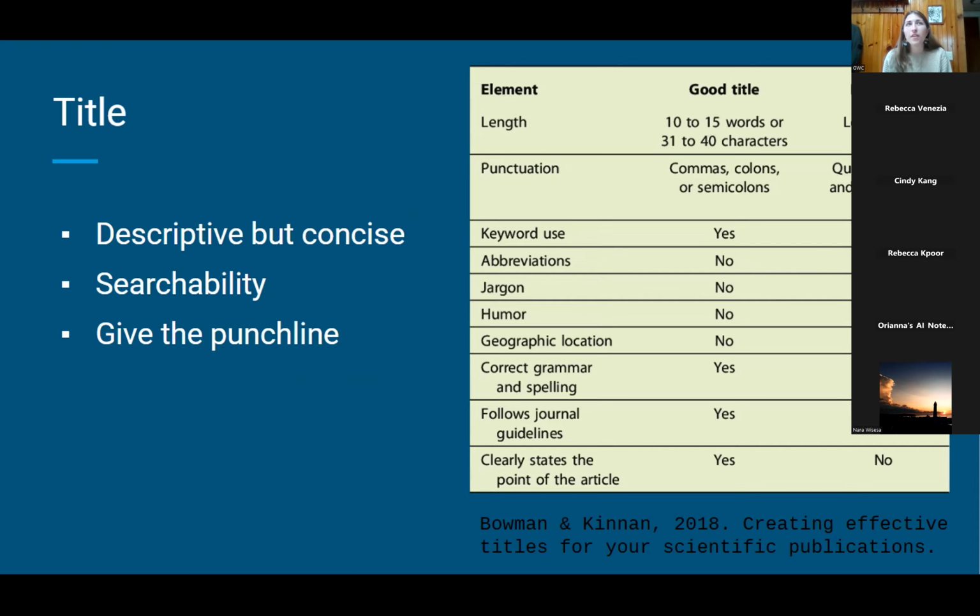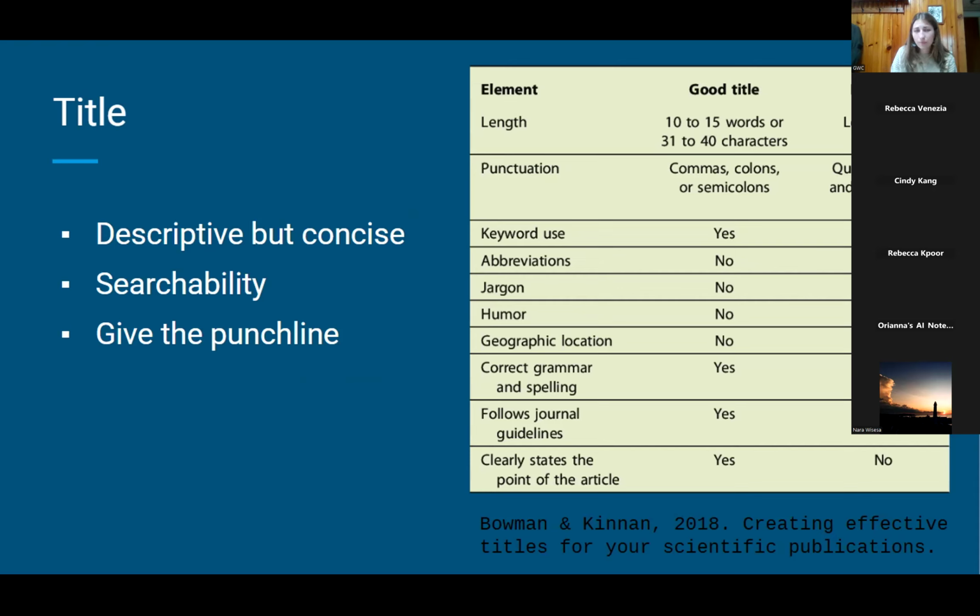So think about things that you type in when you're looking for certain papers in your field, and that could be helpful to structure your title as well. Sometimes it's nice to work backwards like that. Just as an exercise, I recommend it. You also want to make sure you give the main punchline or the findings of your experiment in that title. That could help people decide if that's what they want to read or not as well.